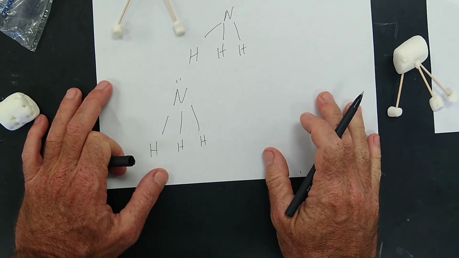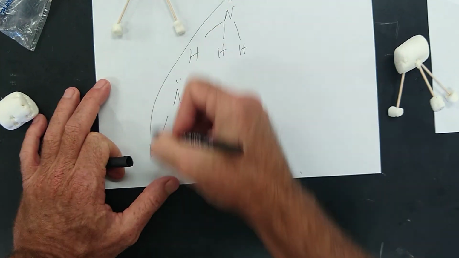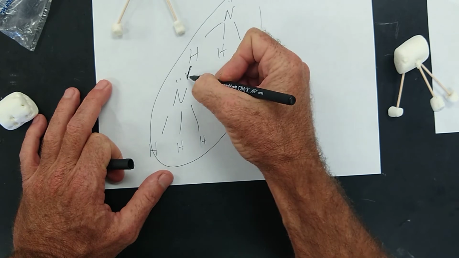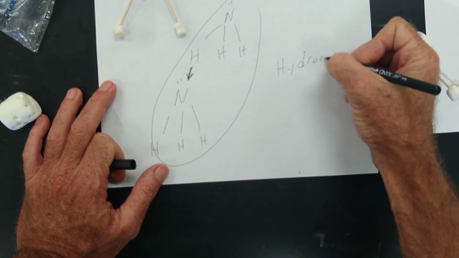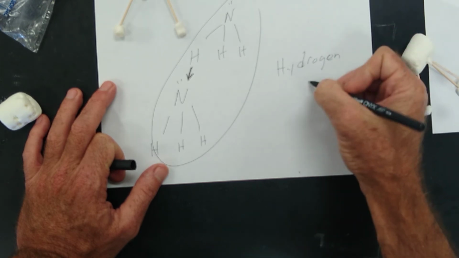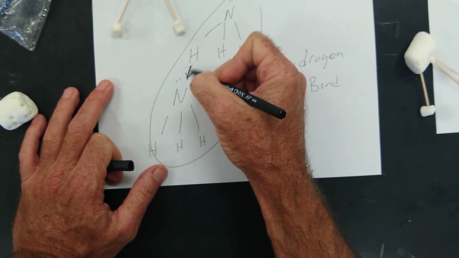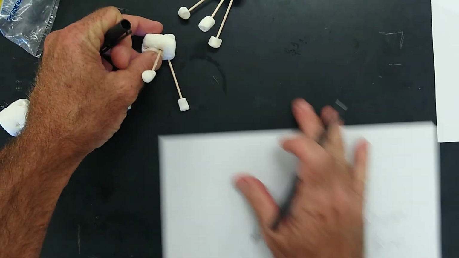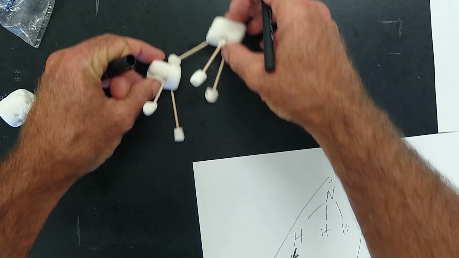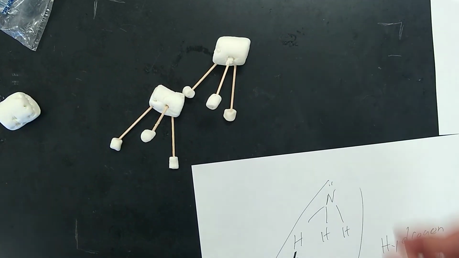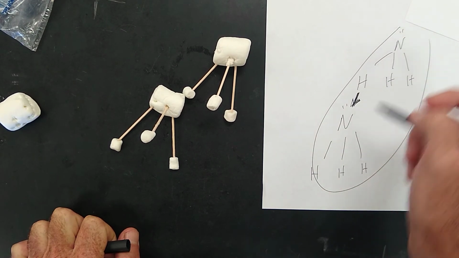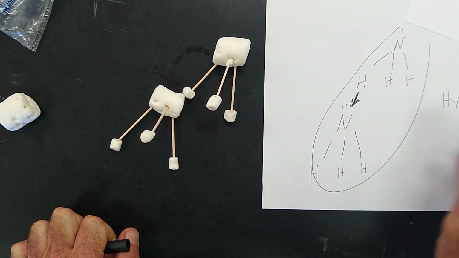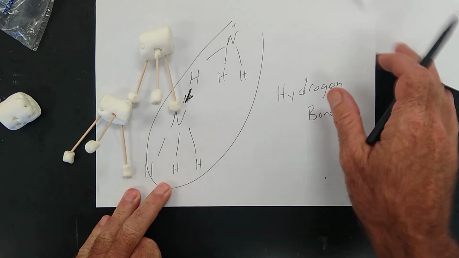Now, if it's NH3, then these two guys are sticking together right here, an H to an N. Yes, that is a hydrogen bond, because hydrogen on this atom is sticking to an N on the other atom. So these two guys will be stuck together much more strongly if it was NH3 instead of PH3. NH3 is indeed a hydrogen bond.